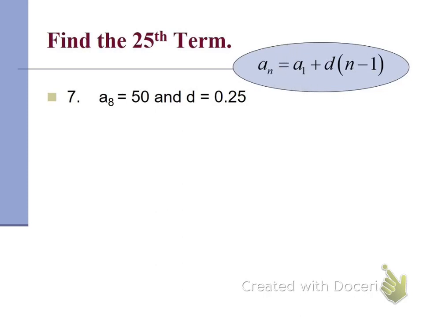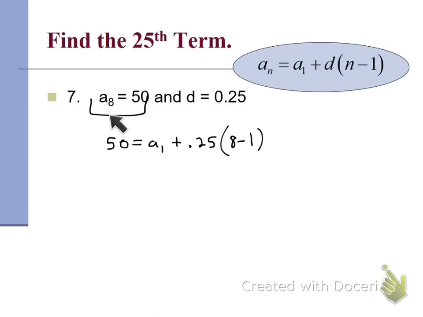So what I mean by that is, I know that the 8th term is 50. So I'm going to say 50 equals the first term, which I don't know, plus the difference of 0.25 times, and what am I going to put in my parentheses? 8 minus 1, so that's 7. Because the 8th term is 50, n is 8 minus 1.